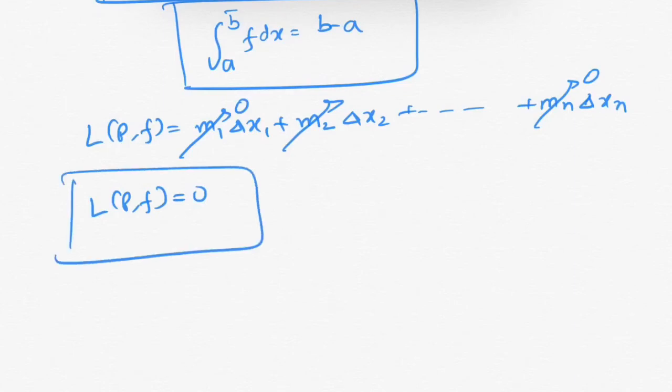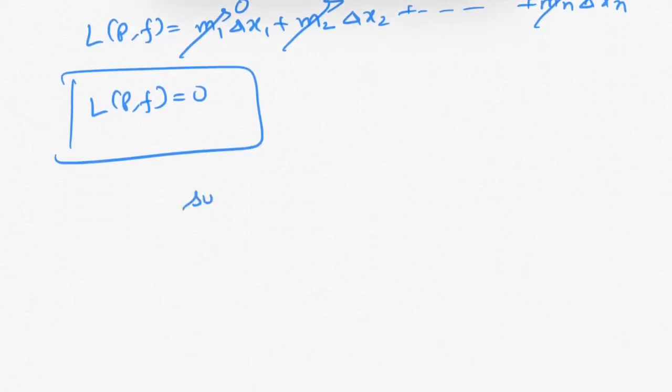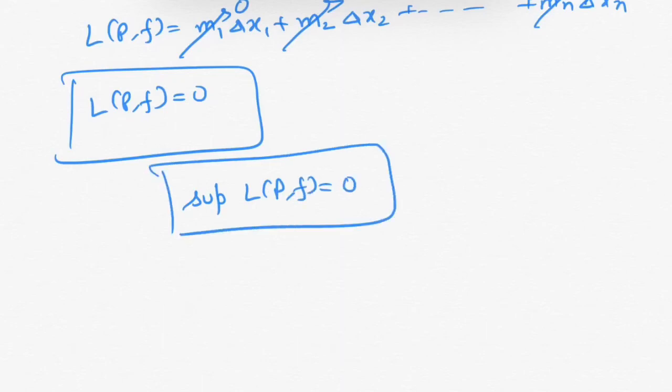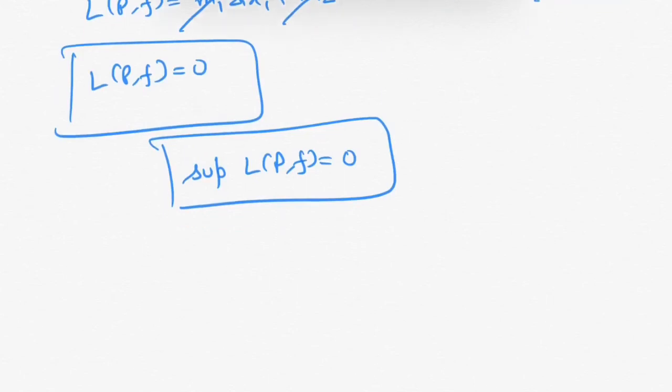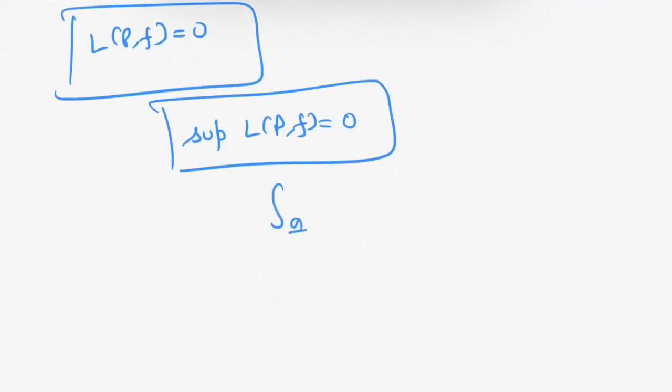And this L(P, f) will always be 0 irrespective of the partition P. Hence the supremum of L(P, f) will also be 0, and this supremum of L(P, f) is known as the lower Riemann integral.